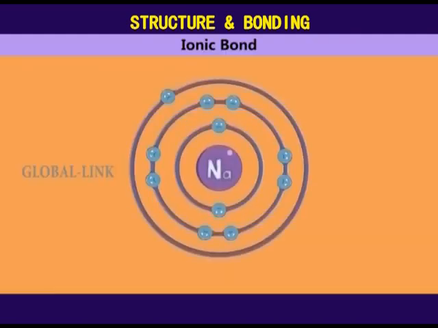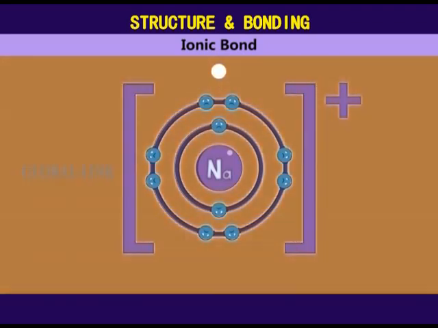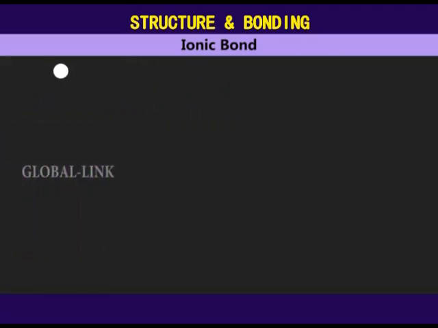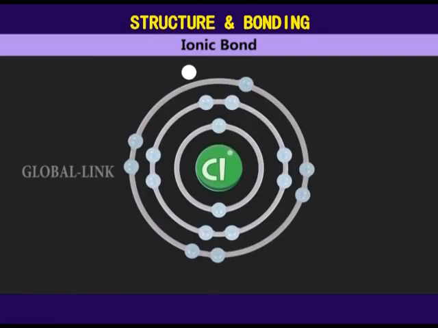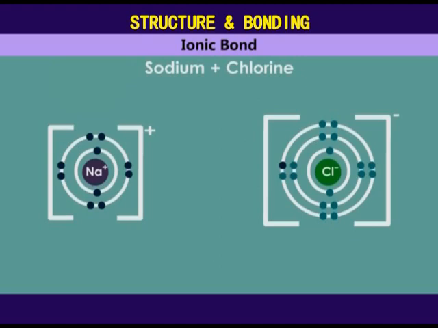We know that sodium loses one electron to form a sodium ion. This electron can be transferred to a chlorine atom to form a chloride ion. So we have a sodium ion with a net positive charge and a chloride ion with a net negative charge.